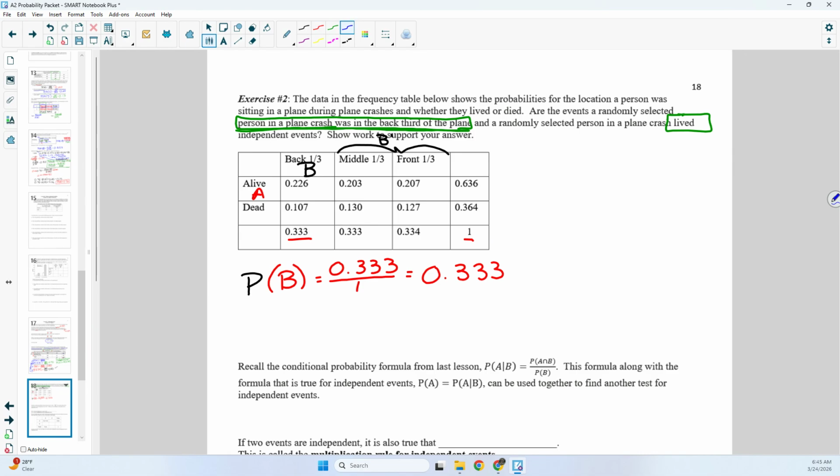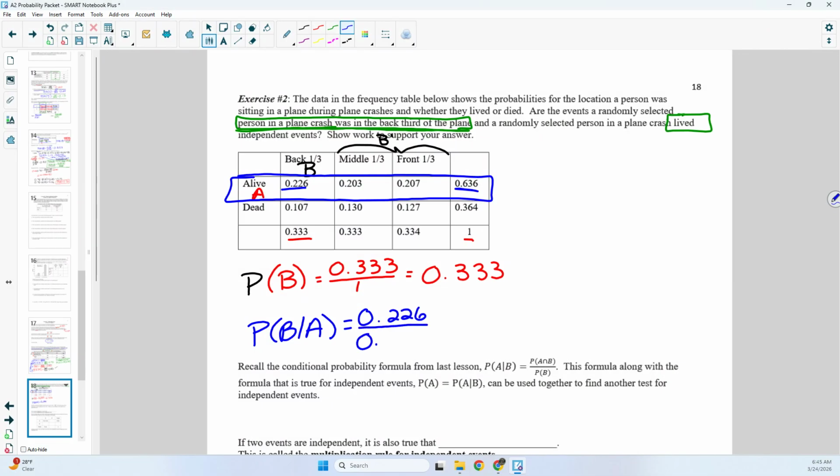In contrast though, when I do my B given A, to make this independence test, I'm in the A row, I do have to divide two numbers because this total number is not just one. So I'm dividing 0.226 out of 0.636.